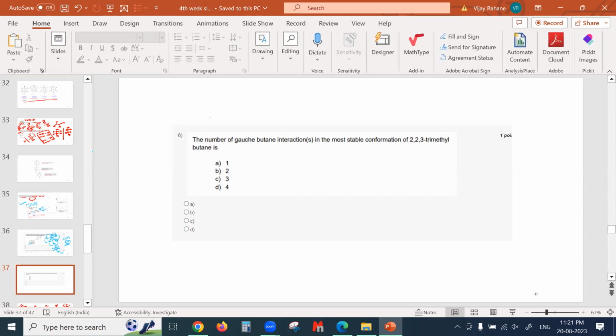Number of butane gauche interactions for the most stable conformation of 2,2,3-trimethylbutane.